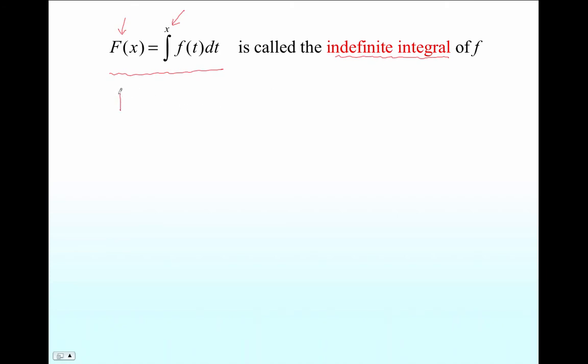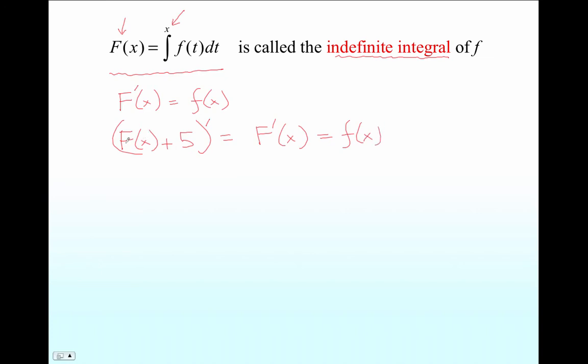Well, let's remember that if you take F prime, then you must get back f itself. But what if you had put, instead of what's up over here, F plus, let's say, the number 5, and taken its derivative? Well, of course, you would get back F prime itself, and that's equal to f.